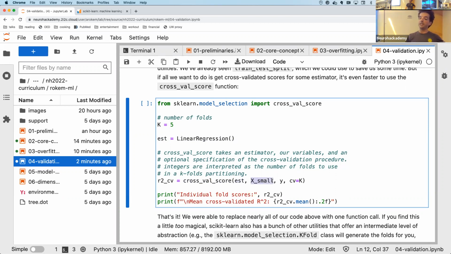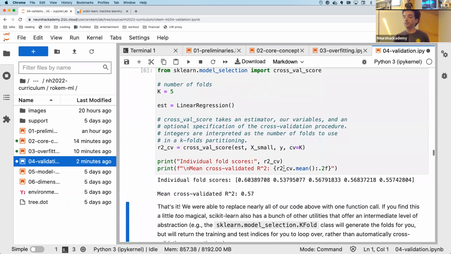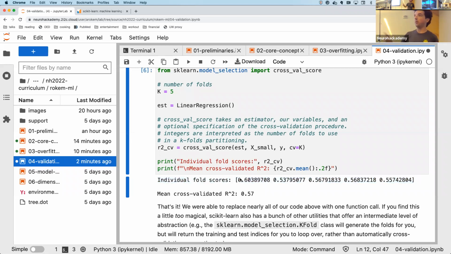We give it the 200-column smaller feature set, and Y, and tell it to do 5-fold cross-validation, and it gives us 5 R squared scores.